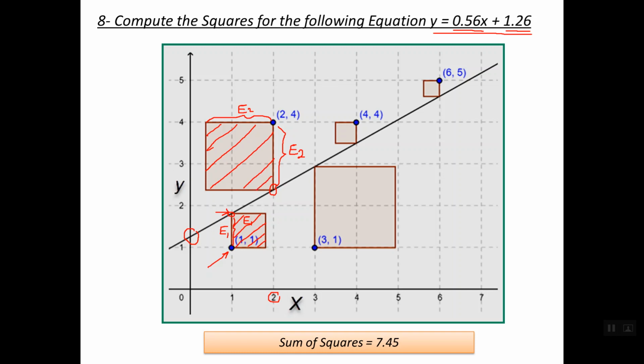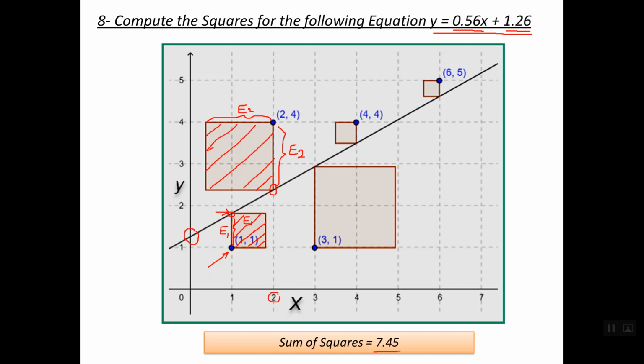If you do the same steps for all the rest of the observations and sum up all of these squares, you will find that the sum of the squares is 7.45.